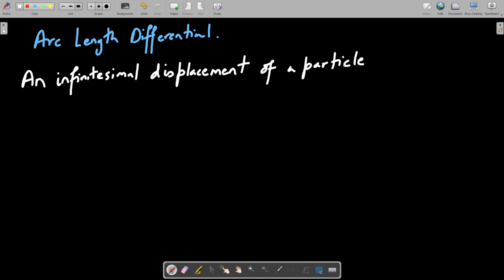Infinitesimal means small. Okay. Yeah, small thing. Small change in this thing.